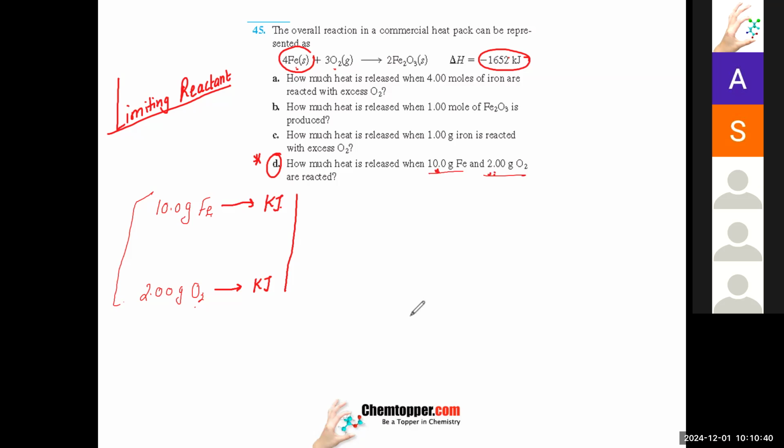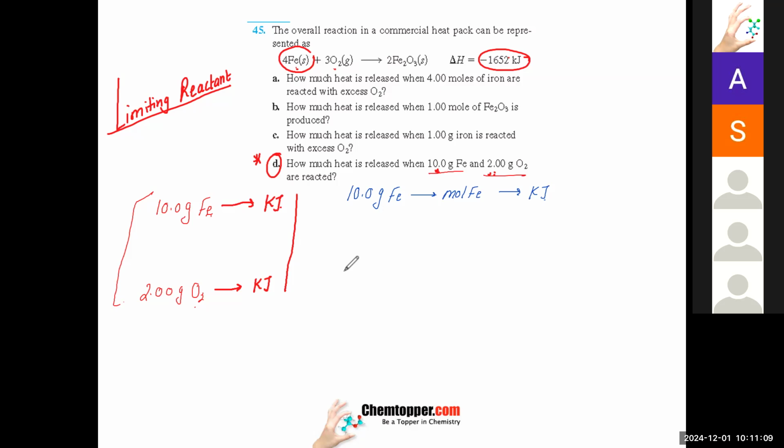Right? Okay. So Krisha, ready? 10.0 grams of Fe. Convert this into moles of Fe and then to kilojoules. Krishav, Sarthak, Arnav, you are going to do this part.